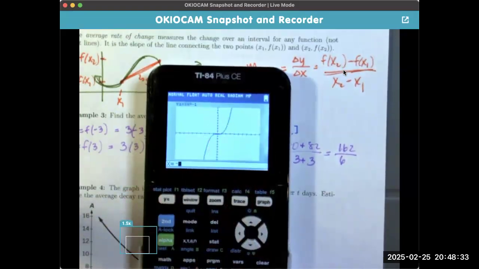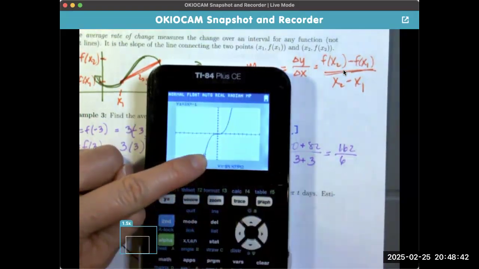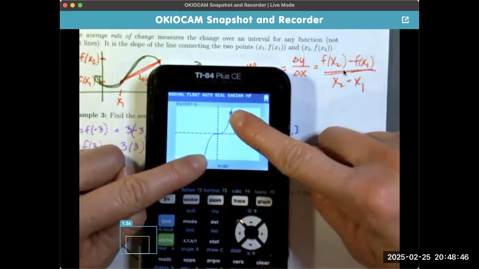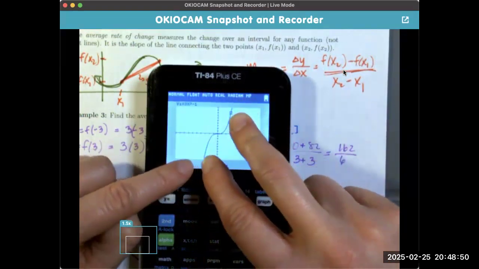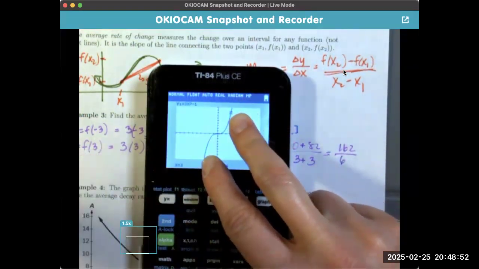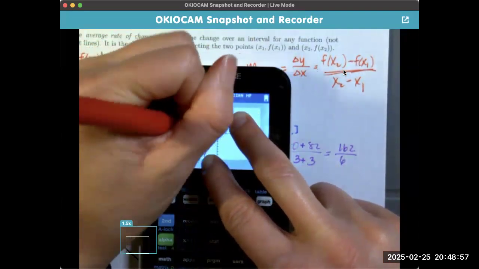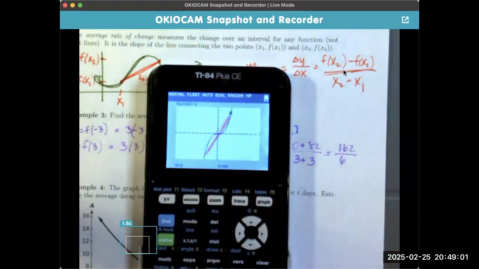So if I trace to -3, we're there. And then if I trace to 3, that's there. Basically, we found the slope between my 2 points, from here to here-ish. Let's see, if I could draw right there, okay, pretend.